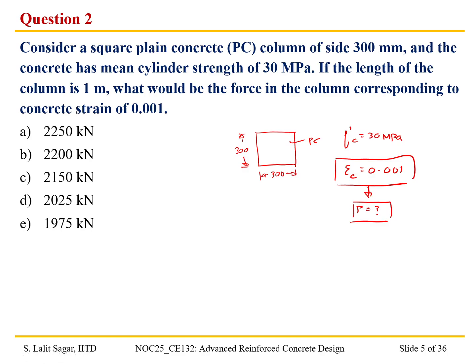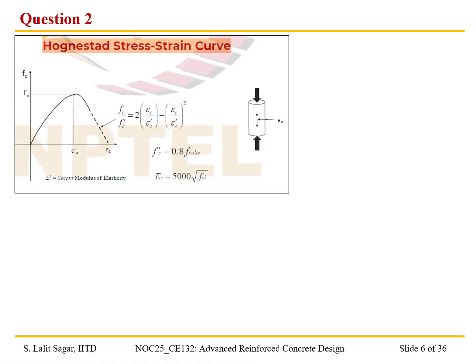So I think we can have a look at the answer, then we can solve the rest of the problem in the next slide. The correct answer is option D, 2025 kilonewton. Now we have the Hognestad stress strain curve. It is typically used for concretes which have cube strength less than or equal to 40 MPa, that is the normal strength concrete.